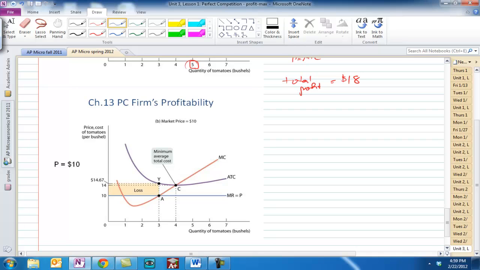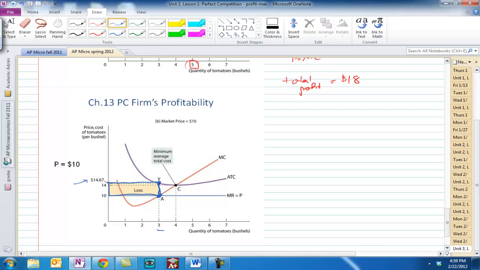All right, we can do a similar thing if the firm is losing money. If the firm's losing money, now the marginal cost equal to marginal revenue point is going to be below average total cost. So we just go in reverse. Find the MR equals MC point, extend a line up to the average total cost, and then extend that over to the y-axis. The average total cost of producing 3 units is $14.67.